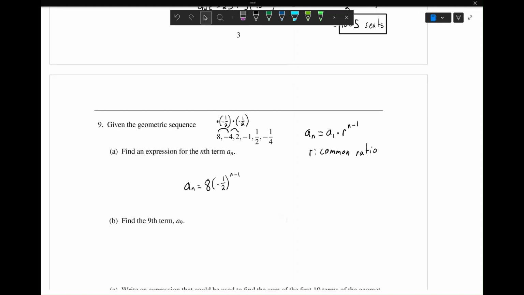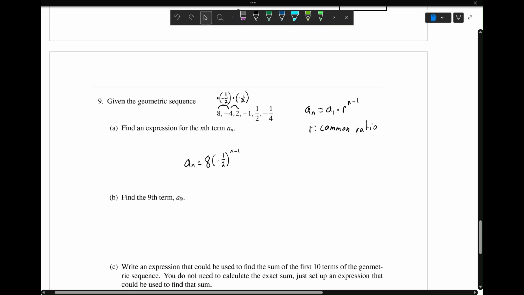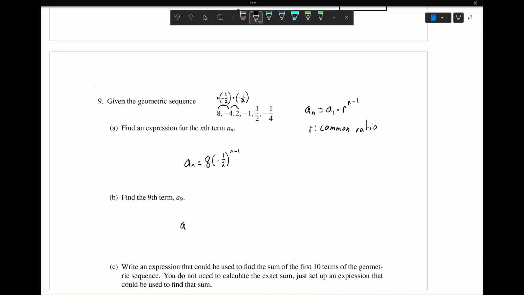So I can multiply repeatedly by 1/2 on the things I have up here to get the ninth term. I can also use this formula. So I have 8 times negative 1/2 to the 9 minus 1 power. And I can go ahead and plug that into a calculator. Now I should note I do like these answers written as fractions.